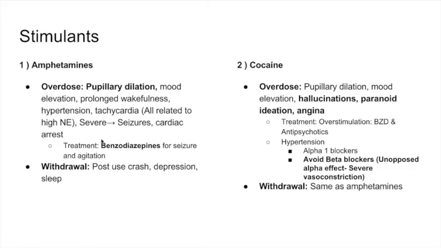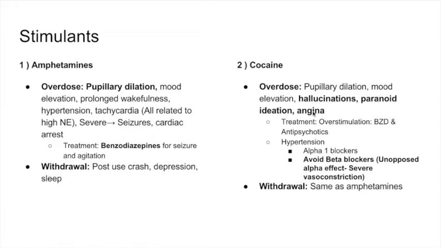I apologize. Cocaine overdose is pretty much the same as amphetamines, in addition to a few other things. So you get pupillary dilation and mood elevation, but you also get hallucinations. With amphetamines, you don't get hallucinations, and you also get paranoid ideation and angina. Angina is also related to the cardiac effects of norepinephrine.